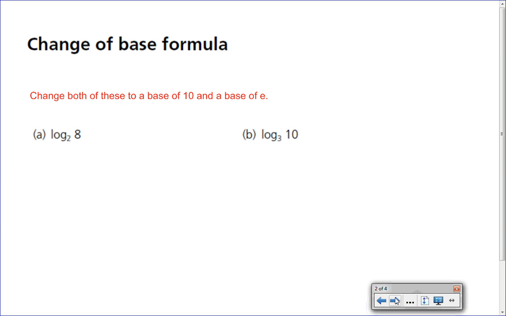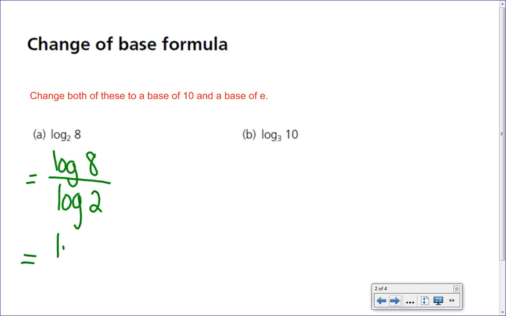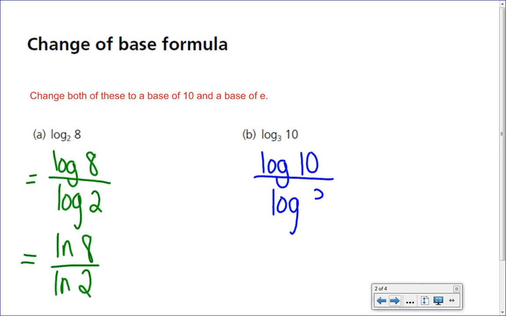Okay, so just practicing these, we're going to change both of these to a base of 10 and a base of e. So log base 10, we don't even have to write the 10, of 8 over log of 2. And if we want, this is also equal to the natural log of 8 over the natural log of 2. If we want a base of e, here we'll have, for base 10, log of 10 over log of 3.